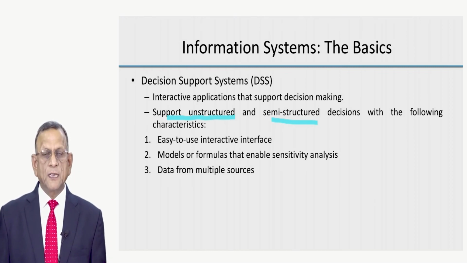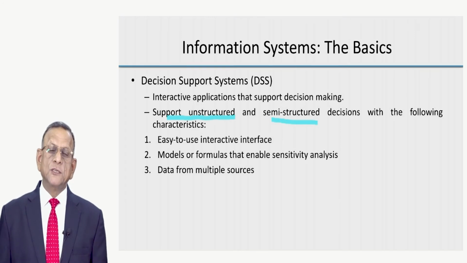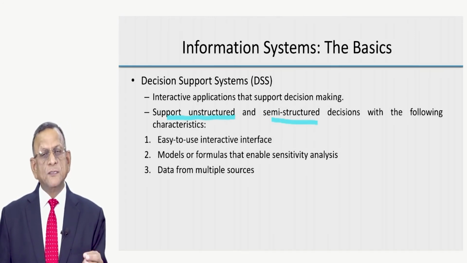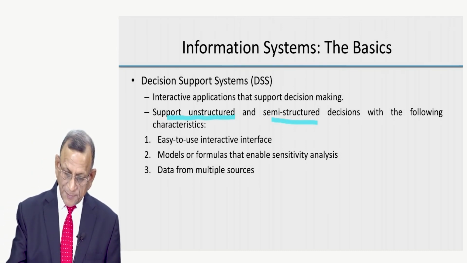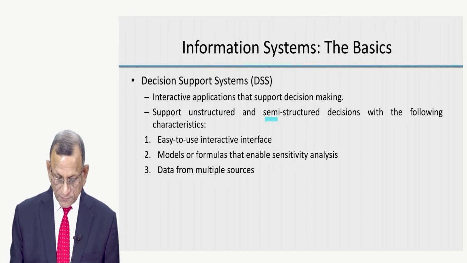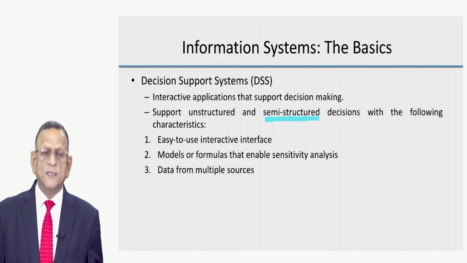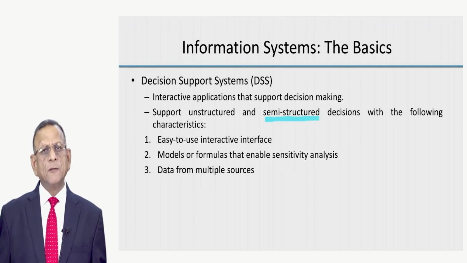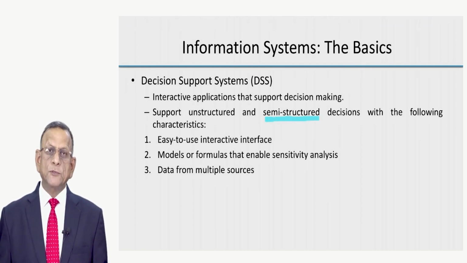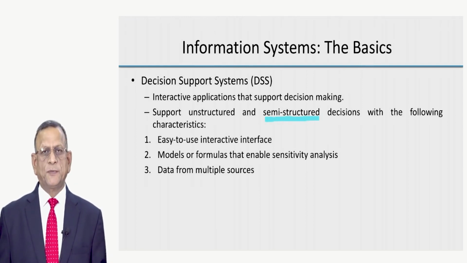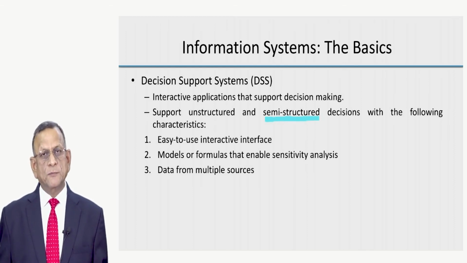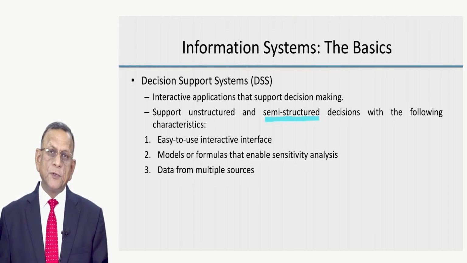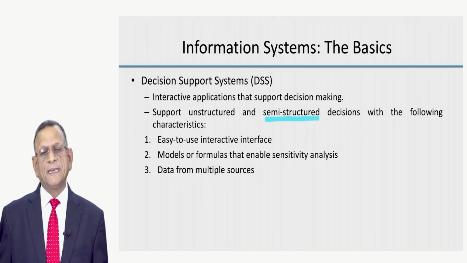When nothing is known about the situation, then this is an unstructured decision. And if something is known about the situation, then friends, this is a semi-structured decision. I'll say that it is not possible that you will be able to know 100% about a situation, and it will also not be possible that you will not know even 0.1% of any situation.